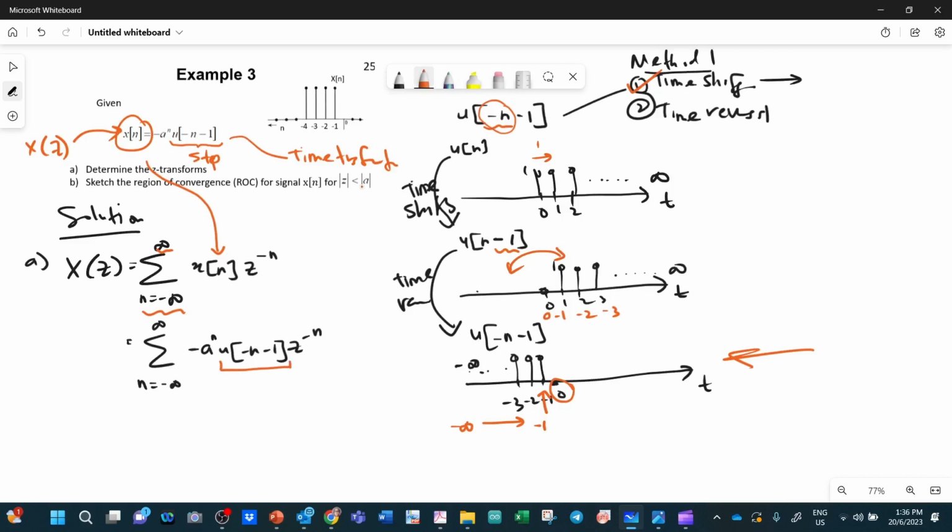This one is the signal that you drew just now, and the summation is from minus infinity until minus 1. And what is the amplitude? The amplitude is 1. So we rewrite this equation as n equal to minus 1 until minus infinity.